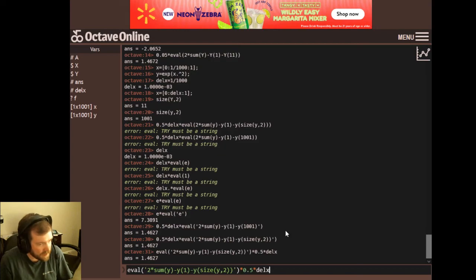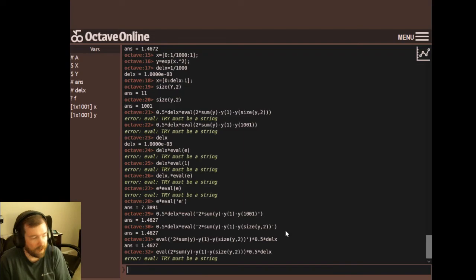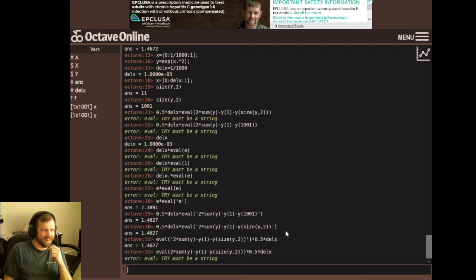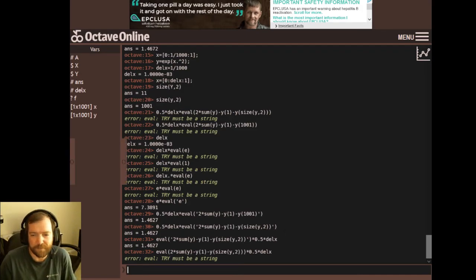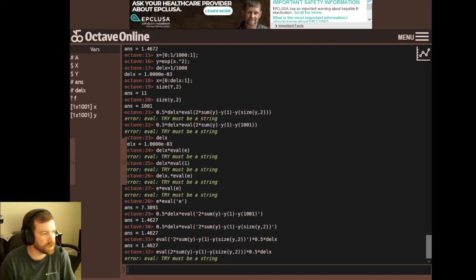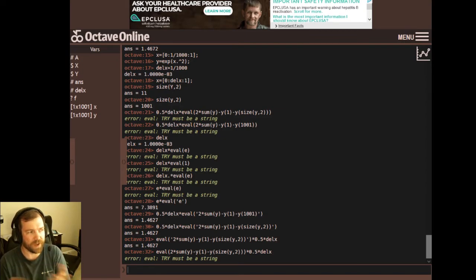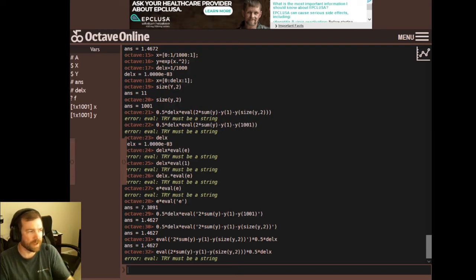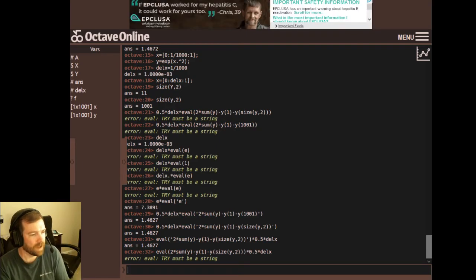Okay, so that's the same. Now let's try removing the string tags from it. No? Okay. It's just going to be finicky occasionally. Alright, whatever. So anyway, we got the answer there. So 1.4627, it switches the numbers around compared to our previous one. That literally does not happen, right? It's not that it's switching the two values, it's just that the better approximation is 27 instead of 72. It happens to work out that way.